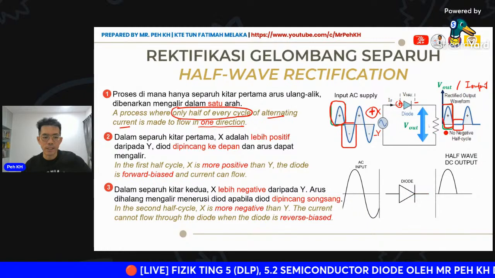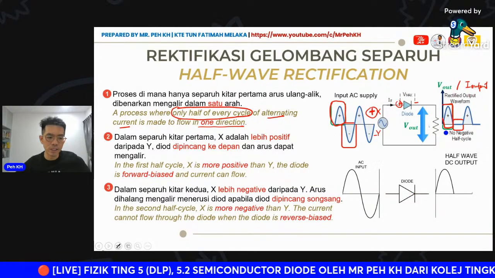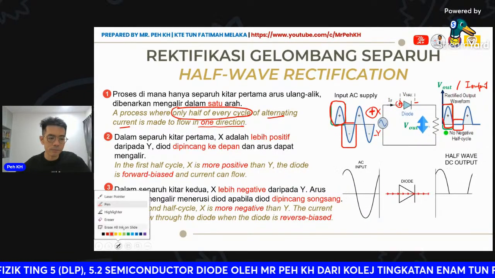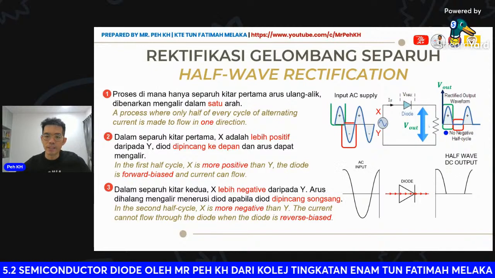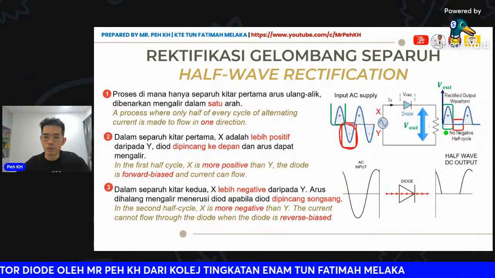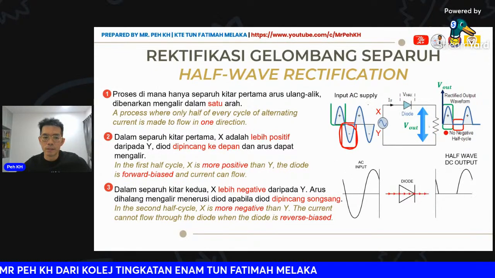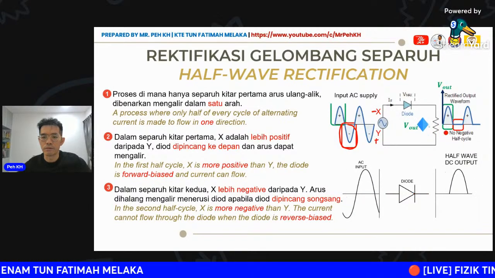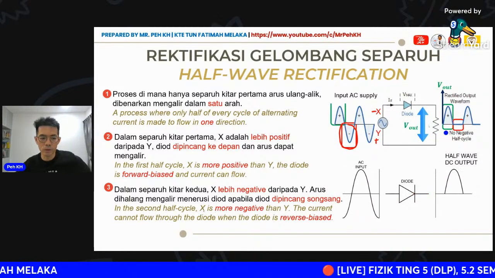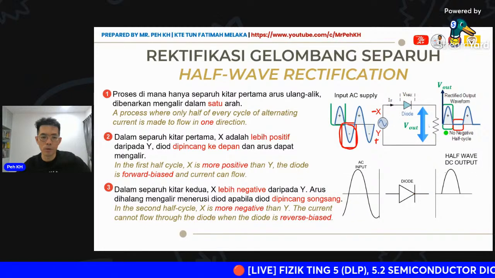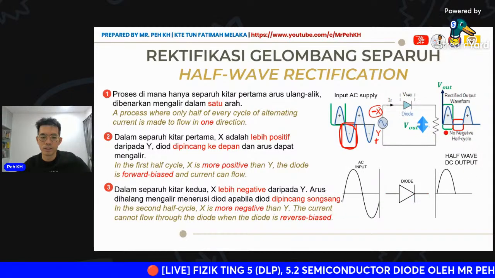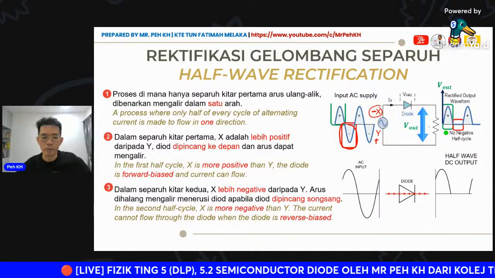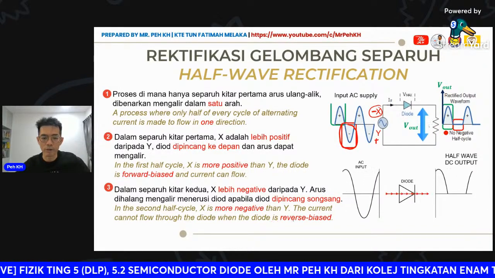Okay, so at the second half cycle, which I boxed with red, now X becomes negative and Y becomes positive. So here we mention X is more negative than Y. Now the current is not able to flow through the diode when the diode is in reverse bias.